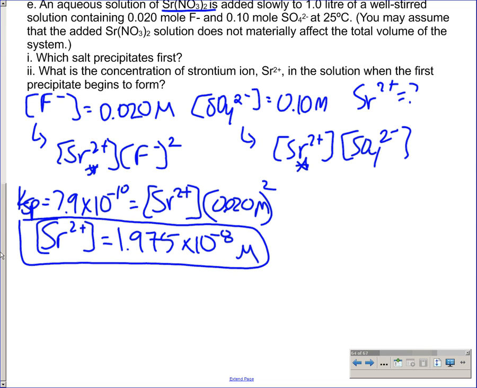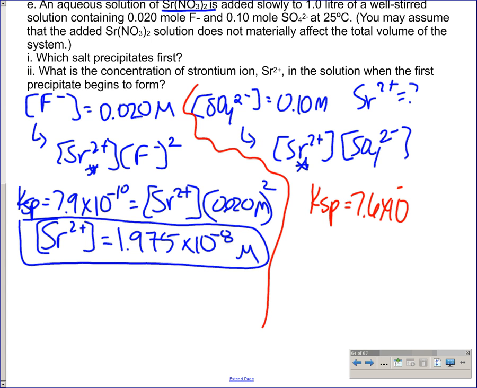Okay. And then the Ksp value for the strontium sulfate was 7.6 times 10 to the negative 7. All right, so that's given to you in the problem.